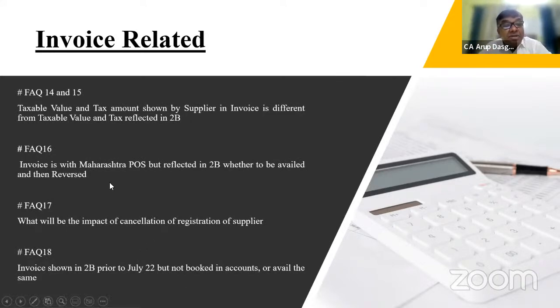Next, invoices with Maharashtra POS but reflected in 2B, whether to be availed and then reversed. As I've already explained, if the POS, place of supply, is different from your state, then that invoice will not flow to your GSTR-2B. That will be shown as ineligible credit.